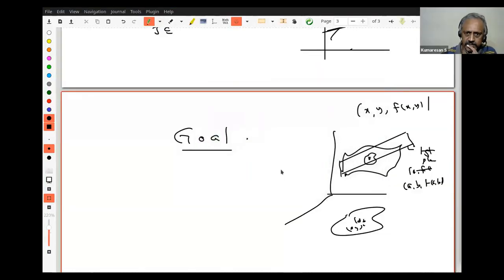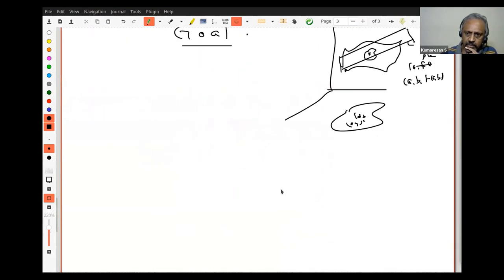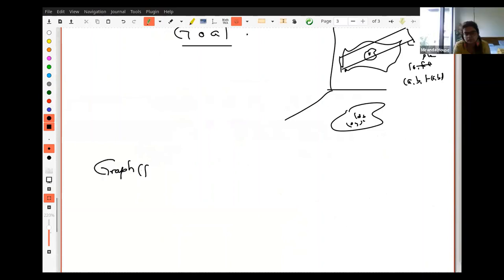Now let's go back. Therefore, I am looking for a plane which passes through the point a, b, f of a, b. You understand this? Now, let us look at how you describe the graph of f as a subset of R3.